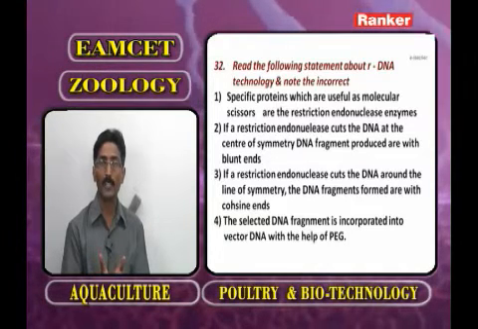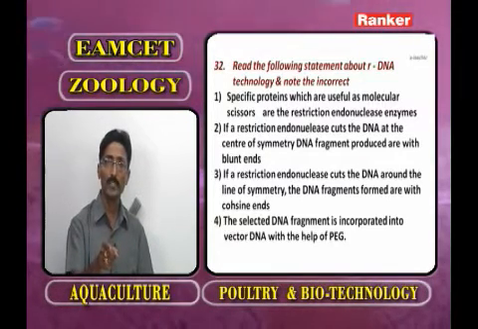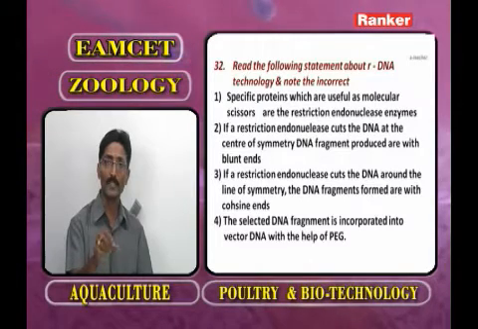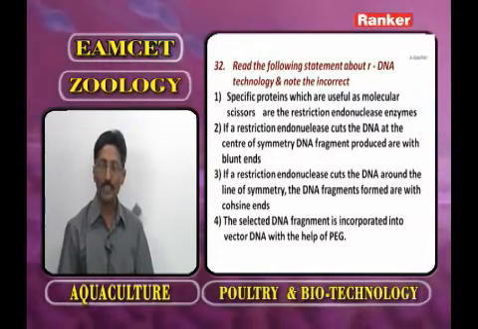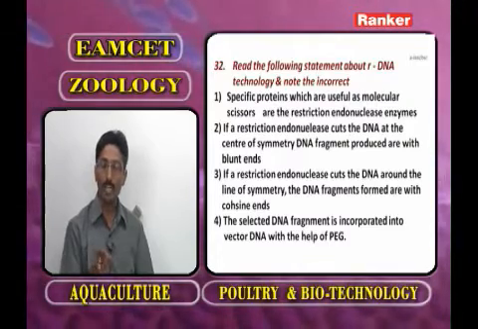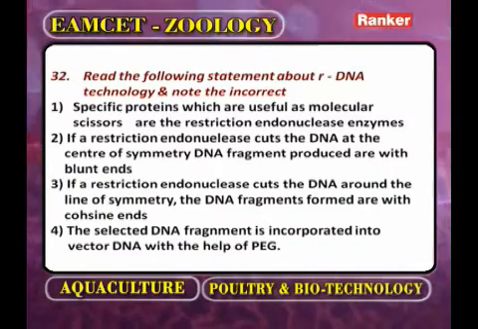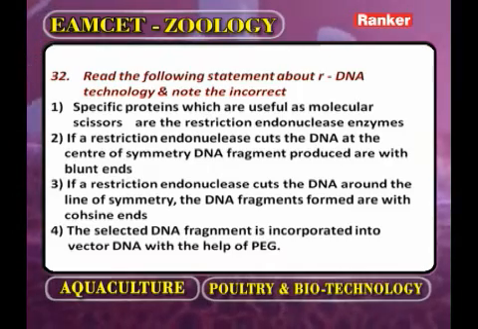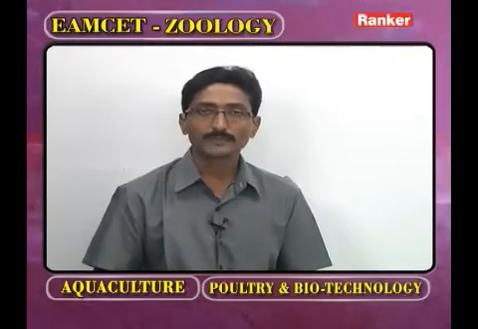What are the molecular scissors? Enzymes. Enzymes are made by proteins, and proteins are made by amino acids. That is the concept. Specific proteins which are useful as molecular scissors are the restriction endonuclease enzymes, because these are enzymes made by proteins, made by amino acids. So this is correct.